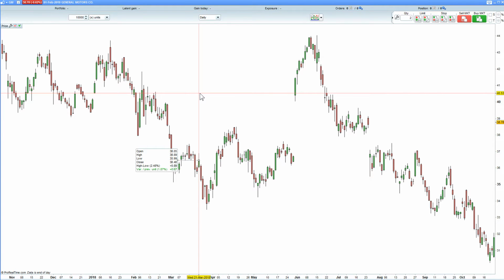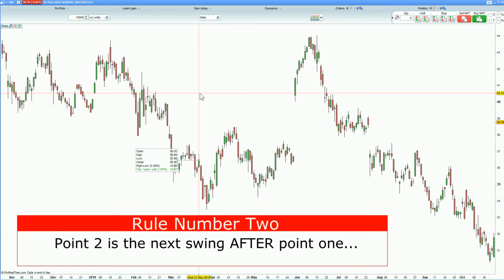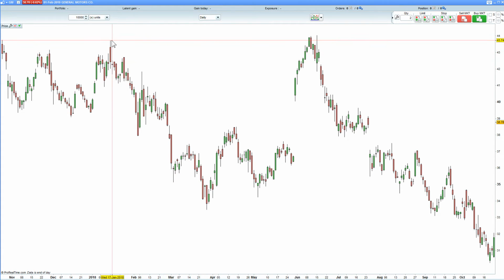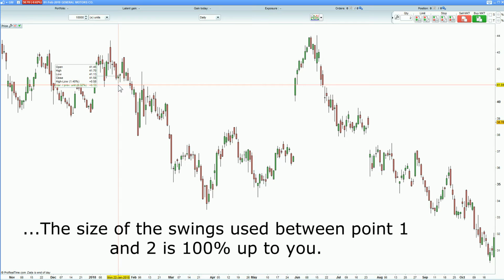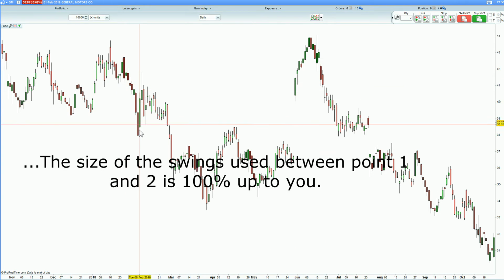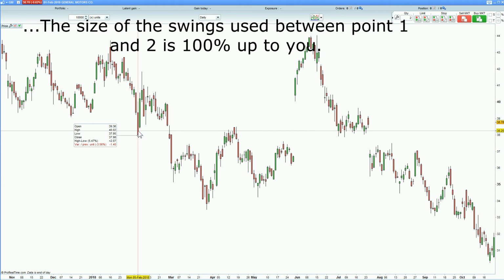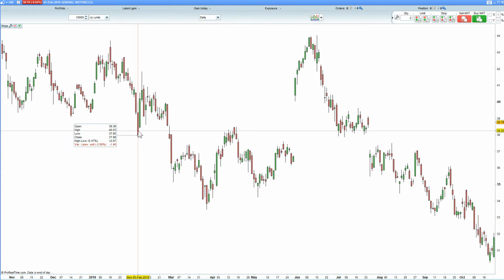The second rule: point 2 is the very next swing after point 1. You can decide the amplitude of the swing you want by yourself. If this is point 1, then this could be point 2 right here, or this could be point 2 right here, and we use larger swings. It's completely up to the person drawing the 5-swing pitchfork.